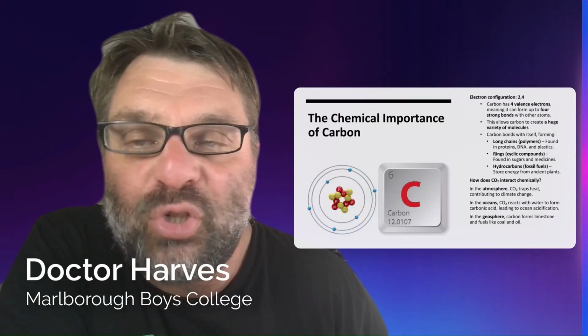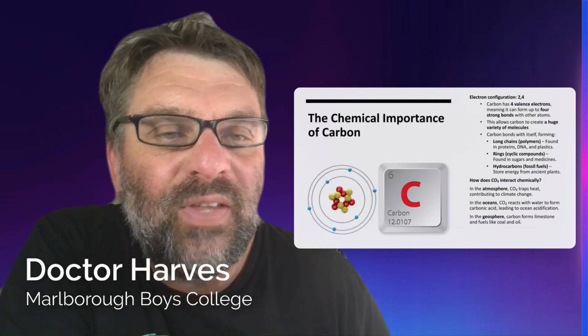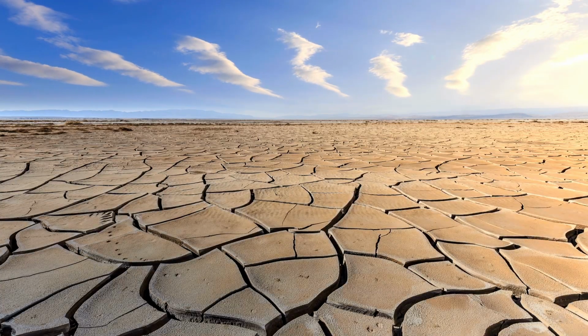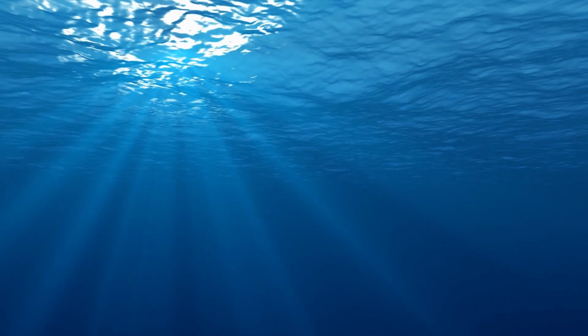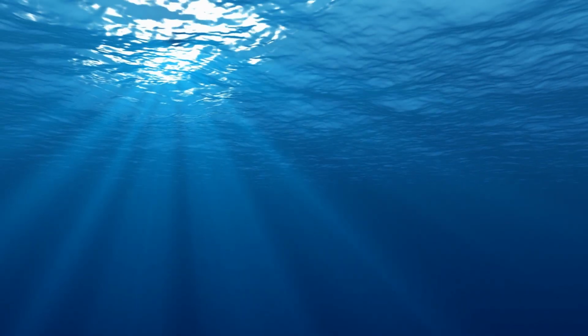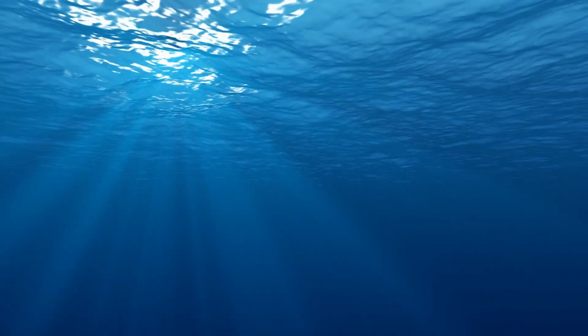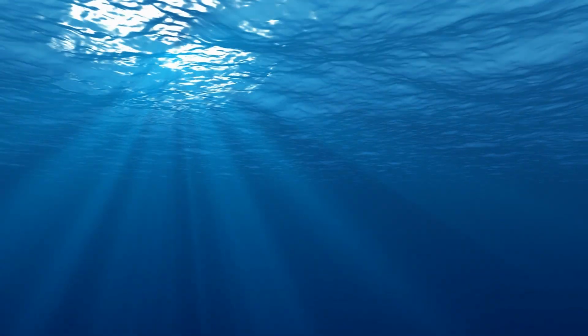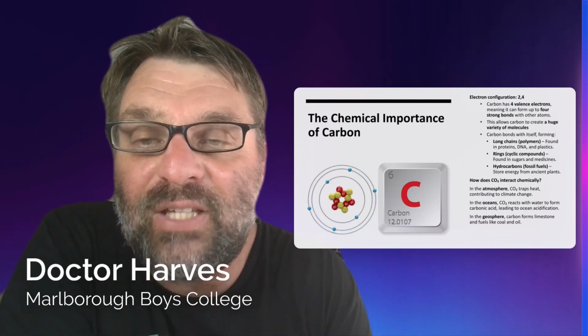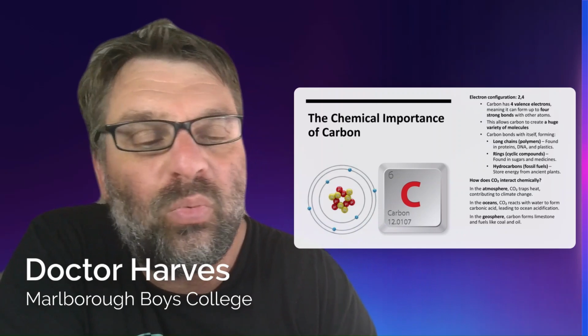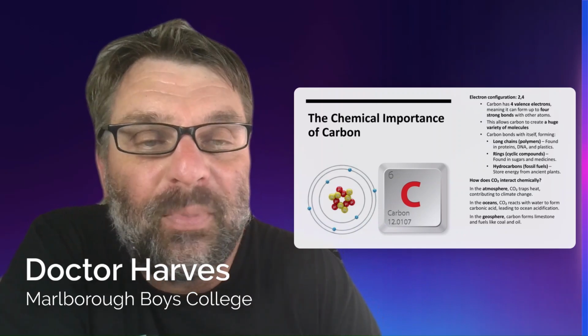So how does carbon dioxide, which is the most common form of carbon, at least in the atmosphere, interact chemically? In the atmosphere, it traps heat, contributing to climate change, so that's the greenhouse effect, which we'll explore in a later lesson. In the ocean, it reacts with water to form carbonic acid, which is acidic, so ocean acidification. It can also be absorbed as carbon dioxide, so oceans are very much carbon sinks.